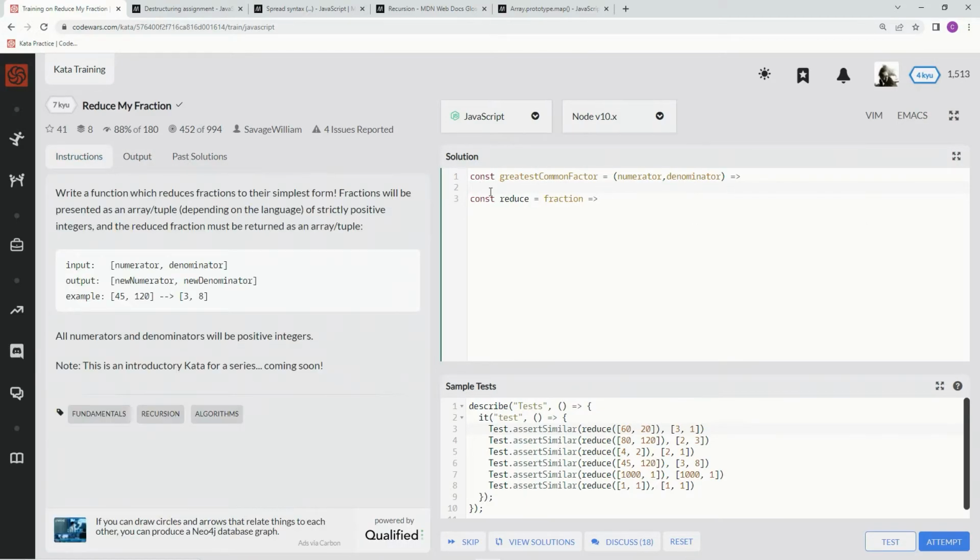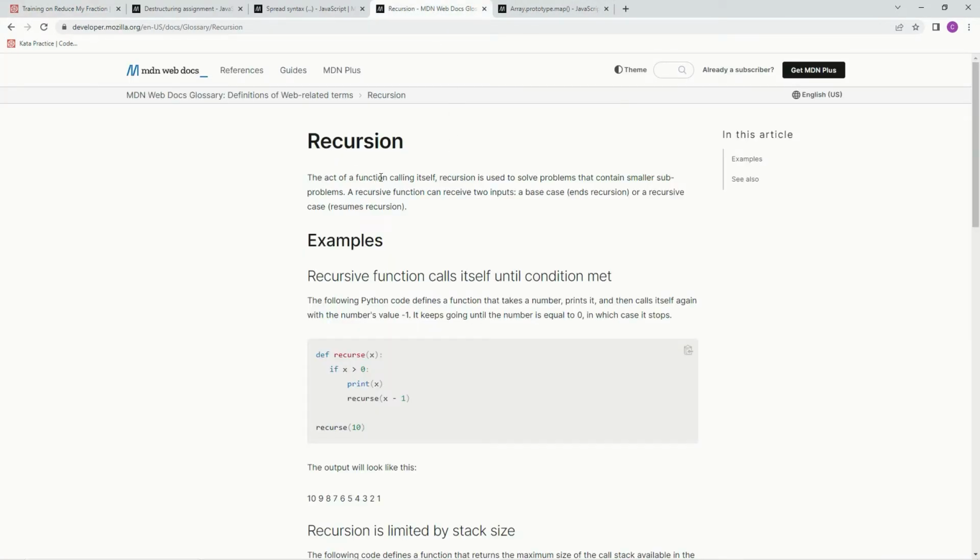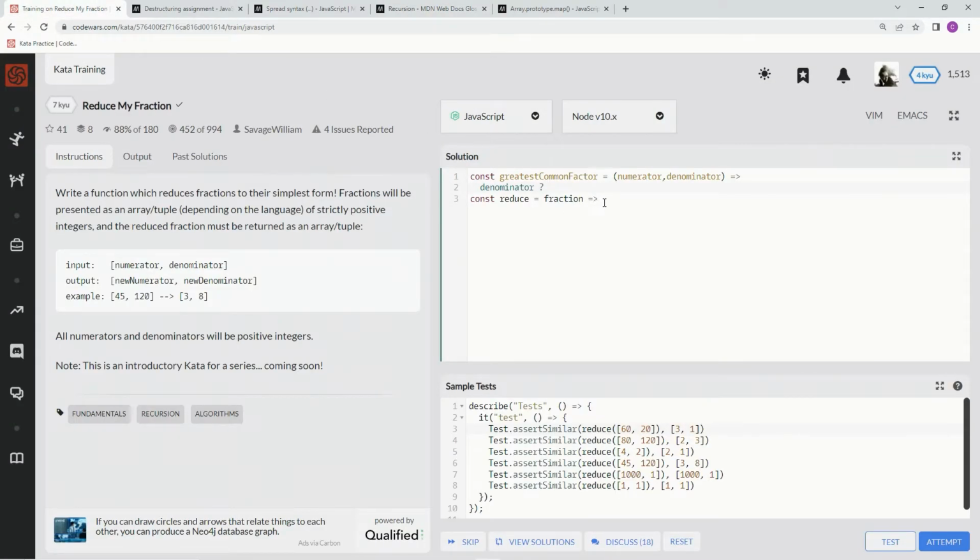So right here, we're going to start off by using a ternary operation. And we're going to say denominator. If that exists, we're going to use some recursion, which is basically the act of a function calling itself to solve whatever problem we need.